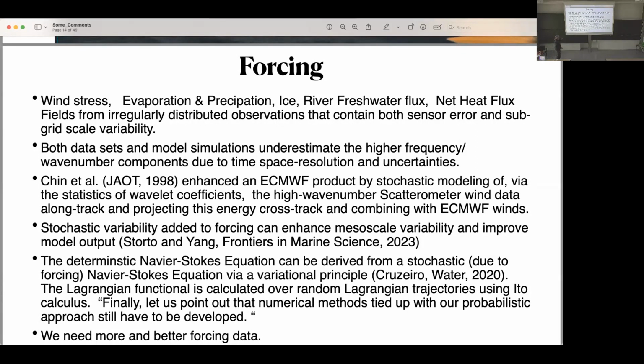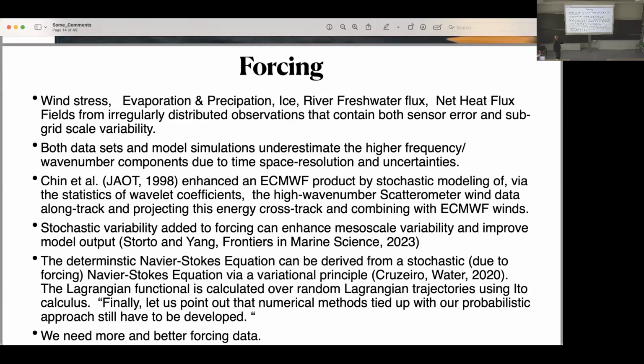Now, people like Mike Chin and his colleagues decided they wanted to do something about it. And here's one example where they took a European Center wind reanalysis. They took the scatterometer, which has a lot of high resolution data along track, but of course a coarse resolution cross track. And they did some wavelet fitting, looked at the coefficients, calculated the statistics of the coefficients.